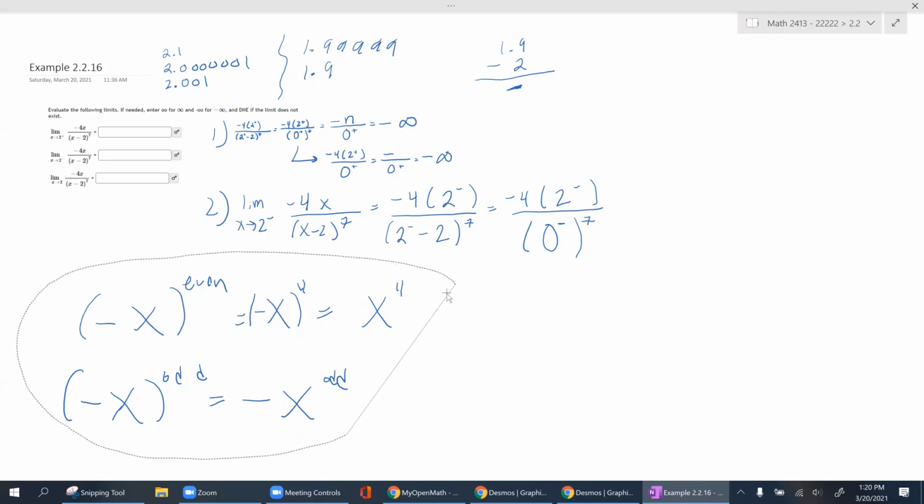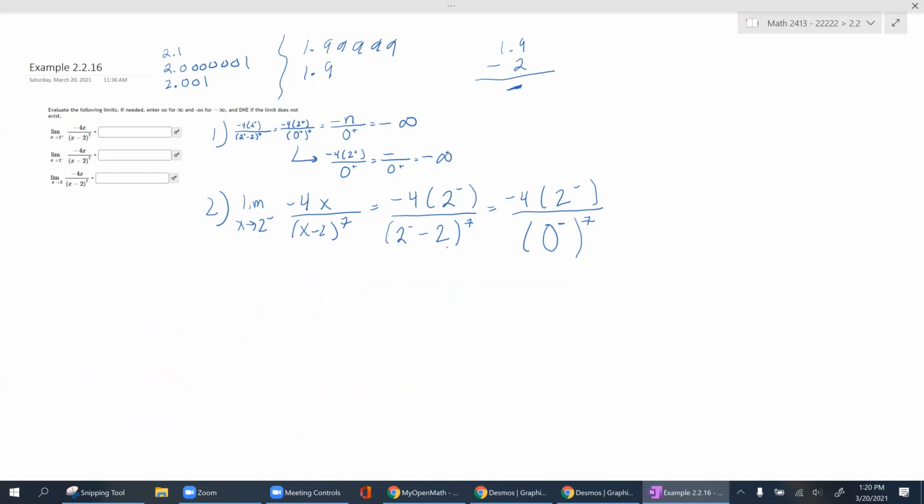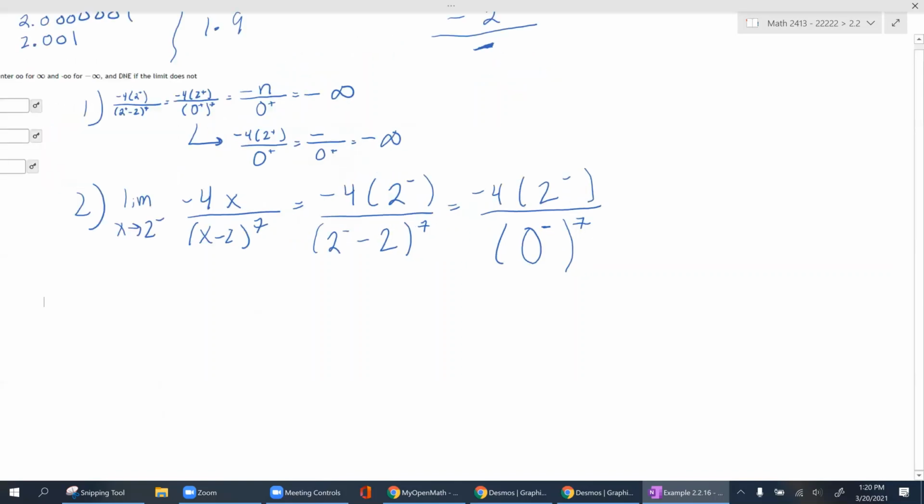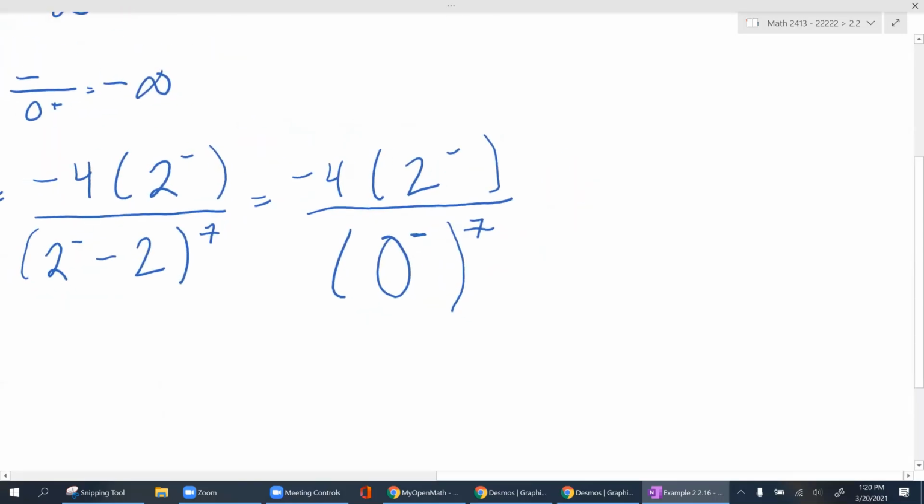So you have a negative number, which is very small, but I'll still consider it a negative number, raised to the 7th power. Does that become positive or negative? It stays negative, so it's going to be a negative number, divided by -4 over 2 but slightly from the left.